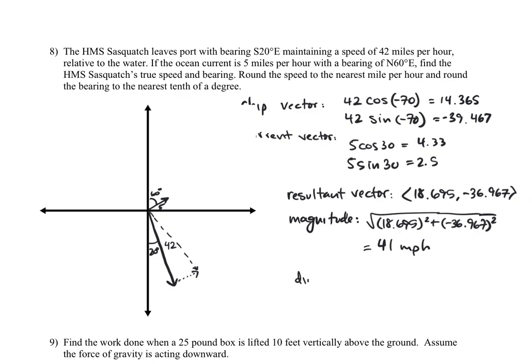Now the direction, which is again different than bearing, is the inverse tangent of the y value, I'm going to make it positive, divided by the x value. That's 63.13.